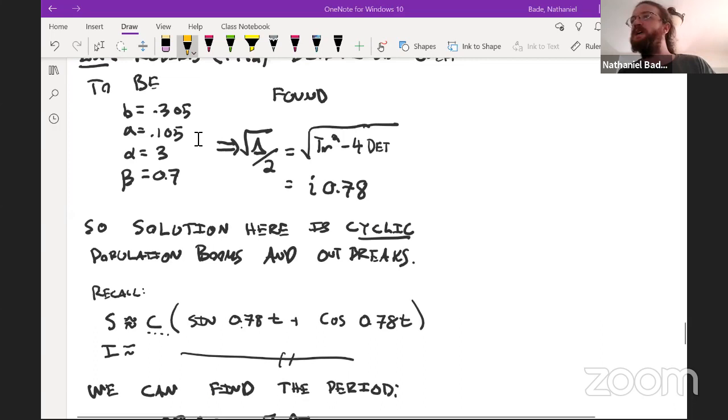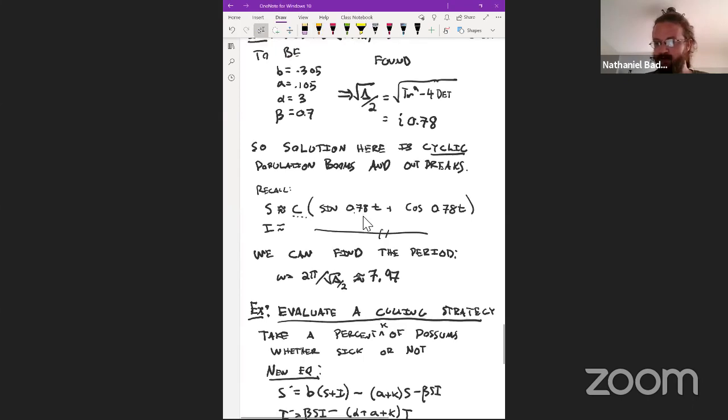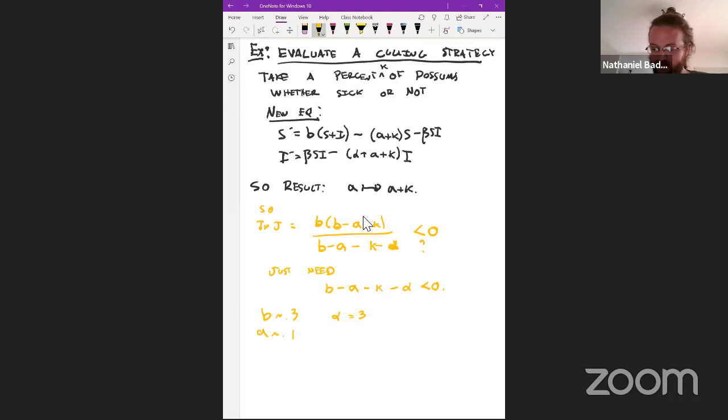So B, A, and alpha. B is 0.3, A is 0.1, alpha is just 3.